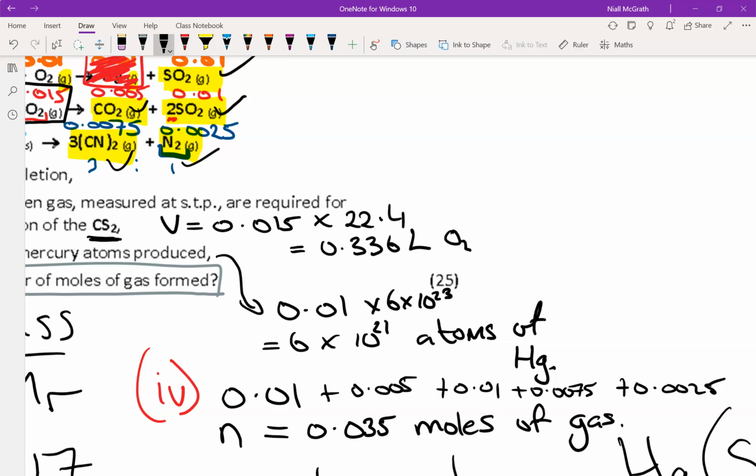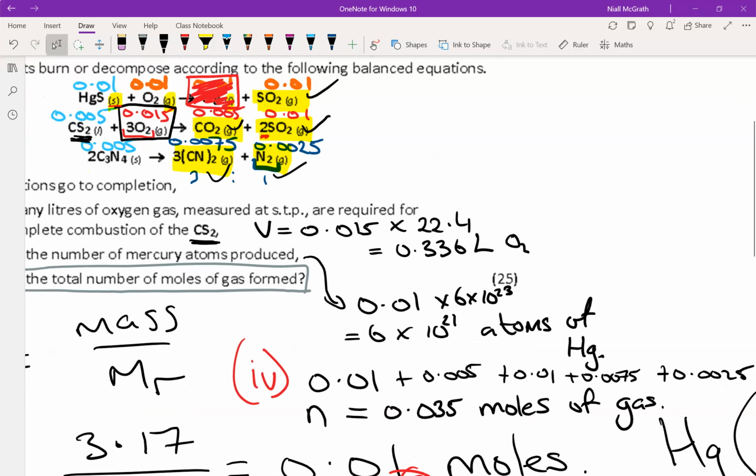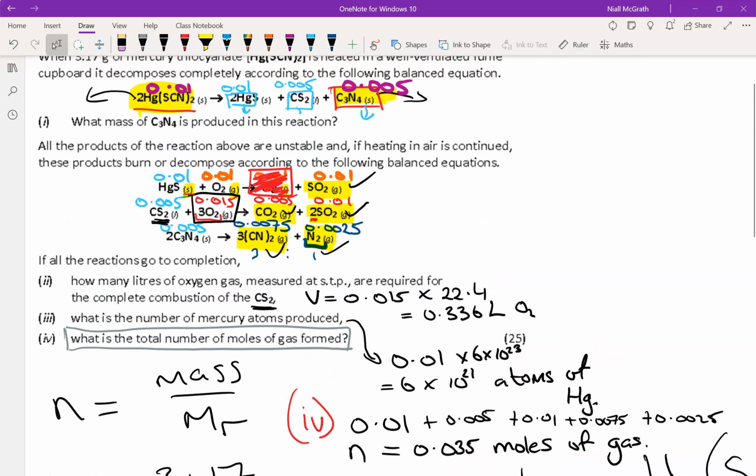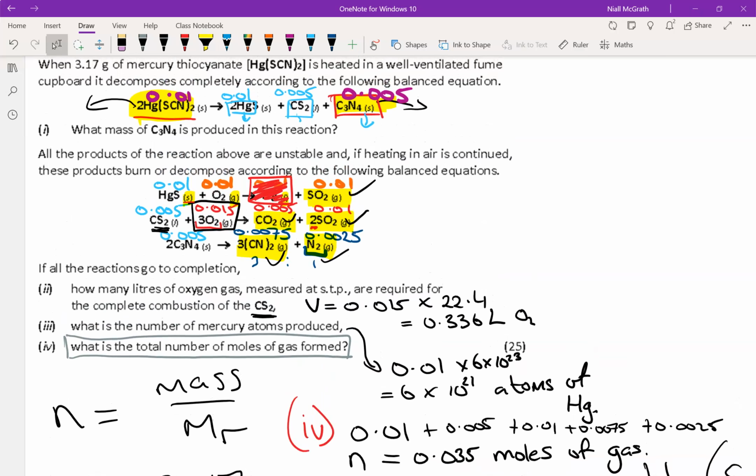So last part, just simple addition. Alright, and that is the 2019 stoichiometry question.